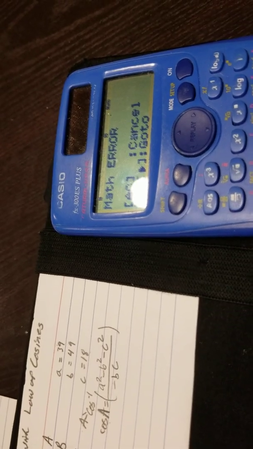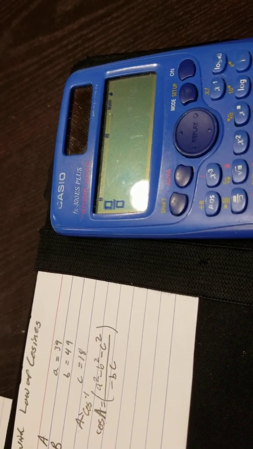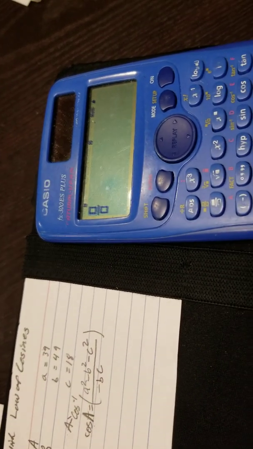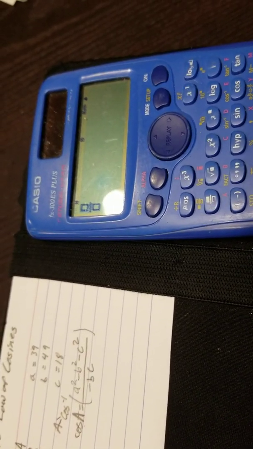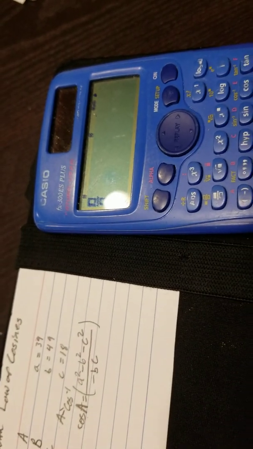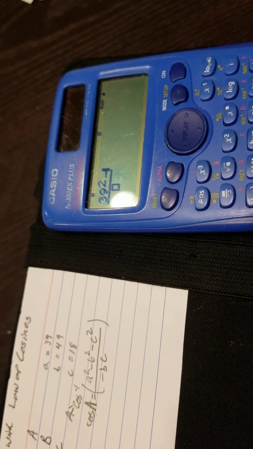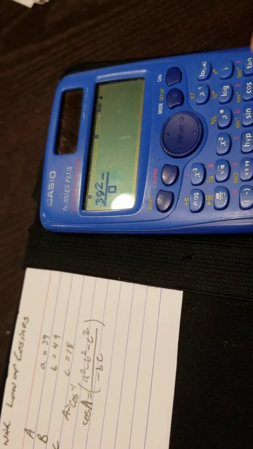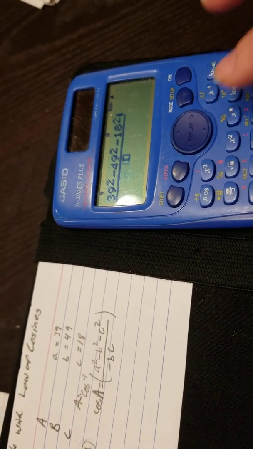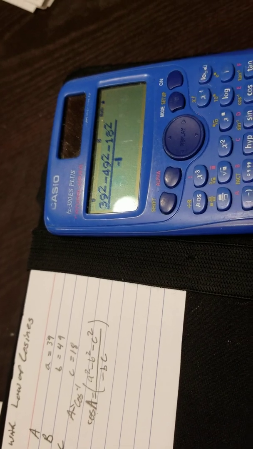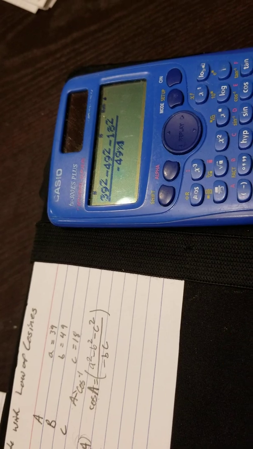Okay, let's try this again. A squared. Oh, that's because it was over 1, so something went wrong in my calculations. Okay, so a squared, 39 squared minus 49 squared minus 18 squared, all over negative 49 times c is 18.